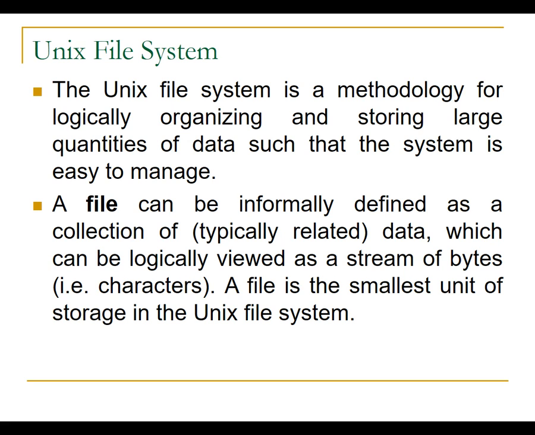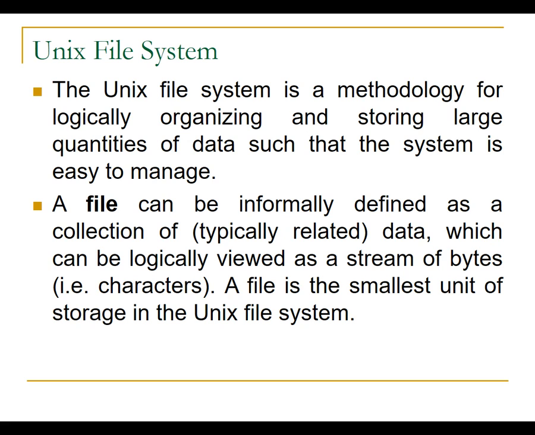Now we can further describe the Unix file system like this. The Unix file system is a methodology for logically organizing and storing a large quantity of data, such as various types of data, for maintaining a large amount, or you can say a bunch, of data.